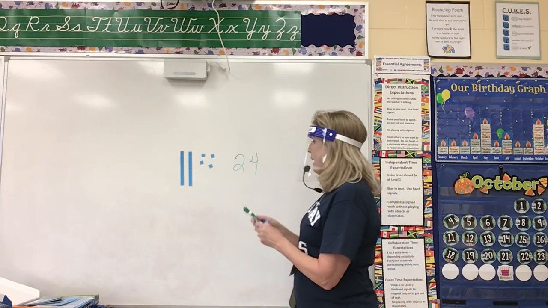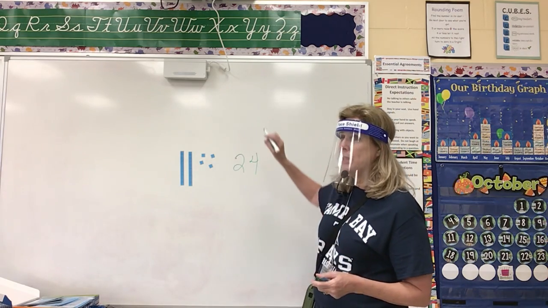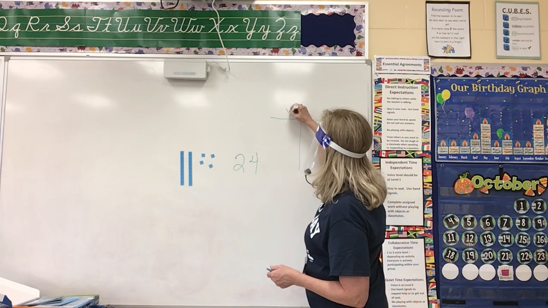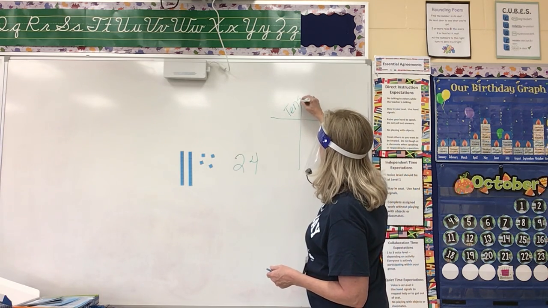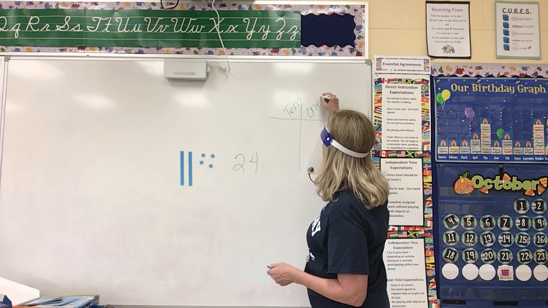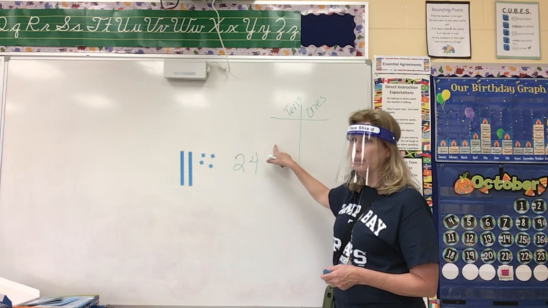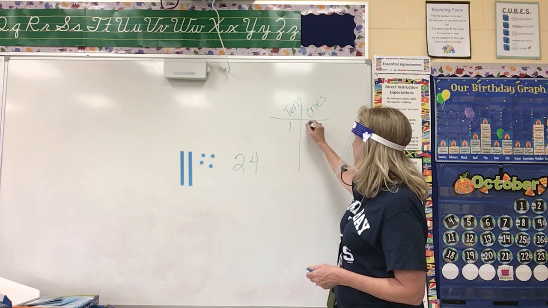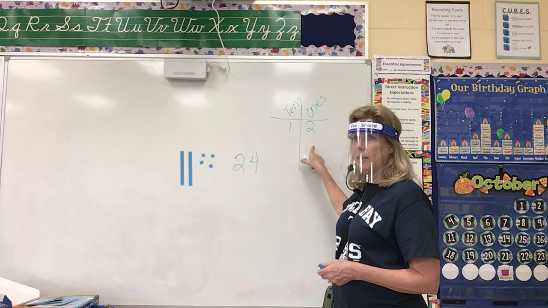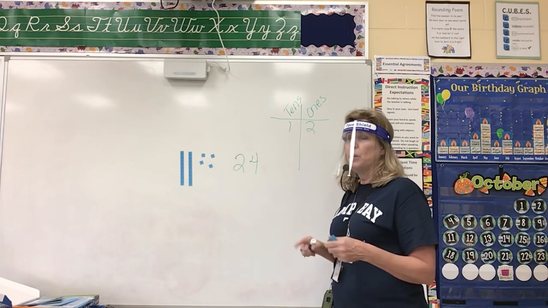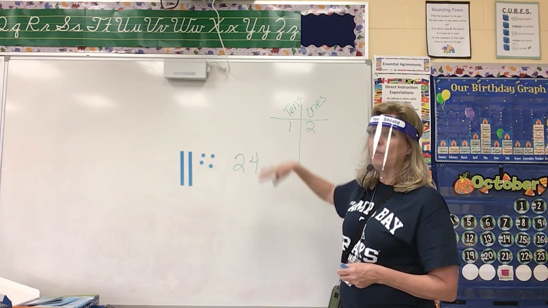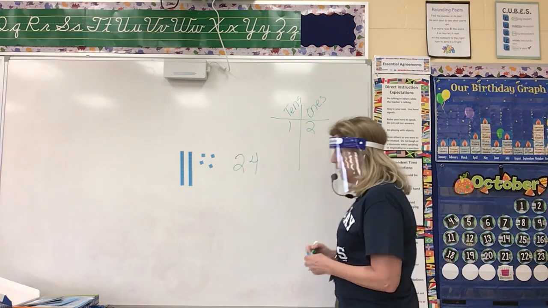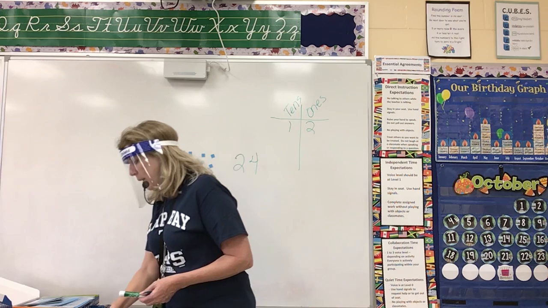Because when we do our place value, Diego, this is our place value. We have tens and we have ones. So that 12 has to be split apart. It has to be 1 ten and 2 ones. But yes, you could have put them together, but not for place value.